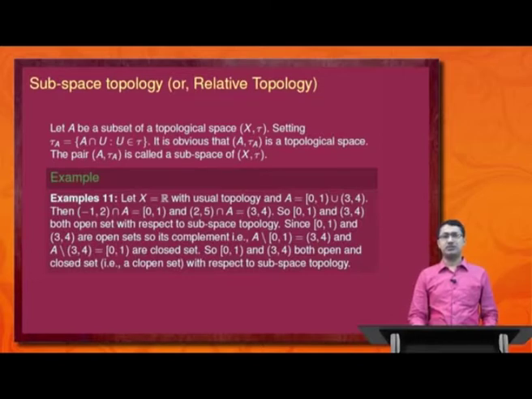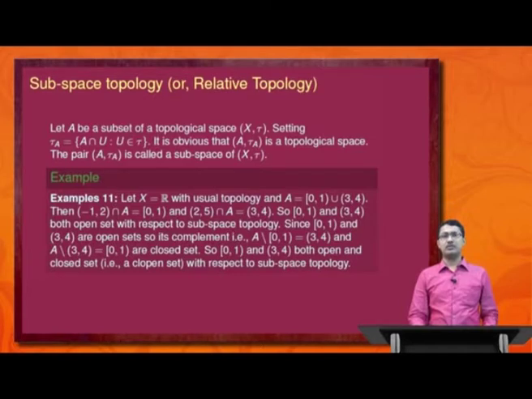So from the subspace topology, [0, 1) forms an open set. Why is it open? Because (-1, 2) is an open set in the usual topology, and similarly the open interval (2, 5) is an open set, and that intersect A is equal to the open set (3, 4).